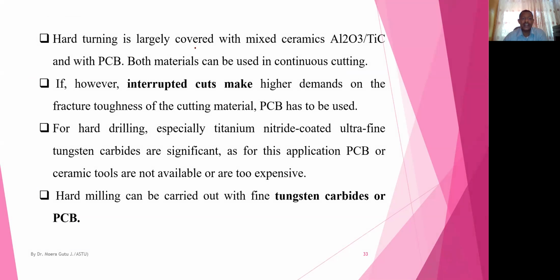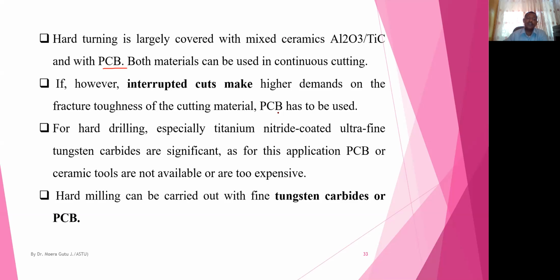Hard turning is largely covered with mixed ceramics, alumina with titanium carbide, or polycrystalline cubic boron cutting tools. Both materials can be used in continuous cutting. If, however, interrupted cuts make high demands on the fracture toughness of the cutting material, polycrystalline cubic boron cutting tools can be used.